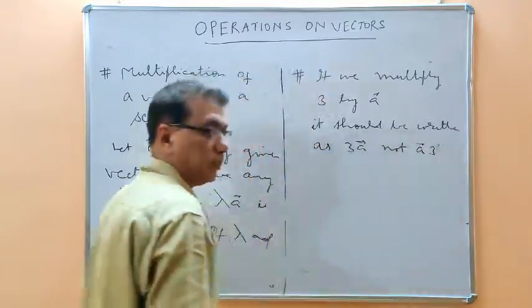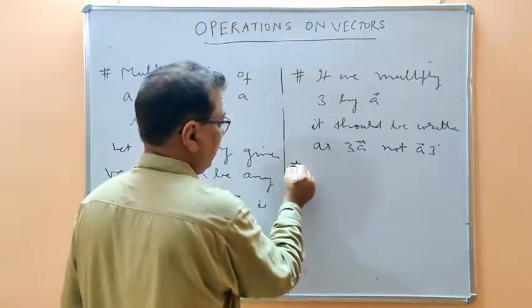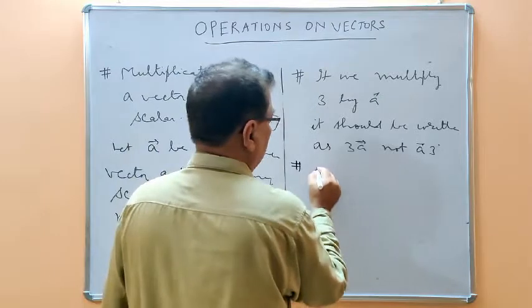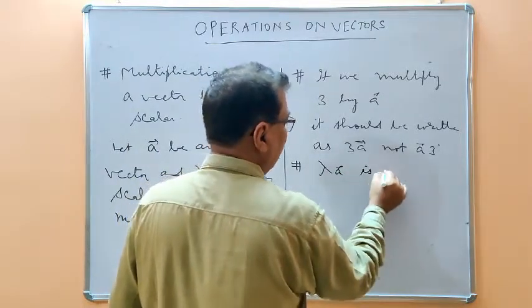Okay, so you have to take care. It is 3A. Second, lambda A, where lambda is any scalar, is a vector quantity.